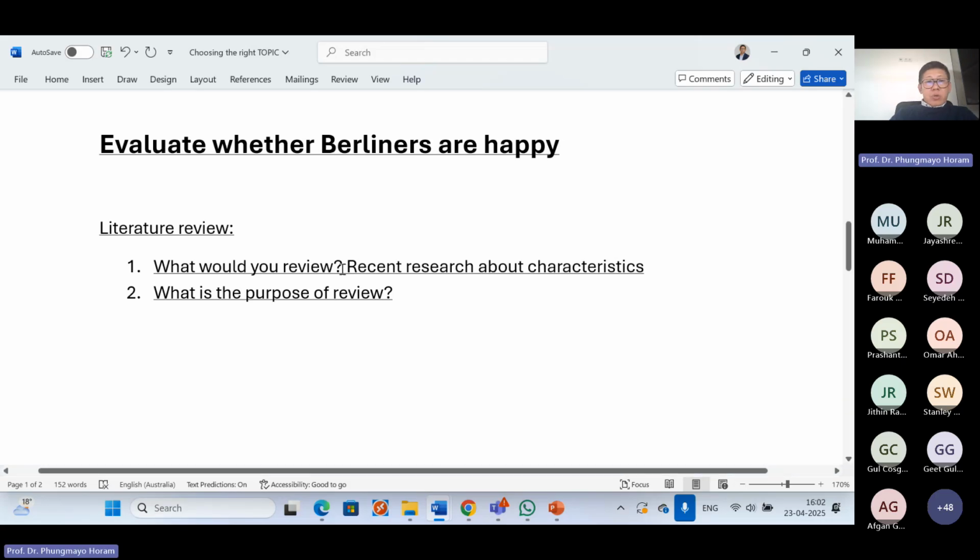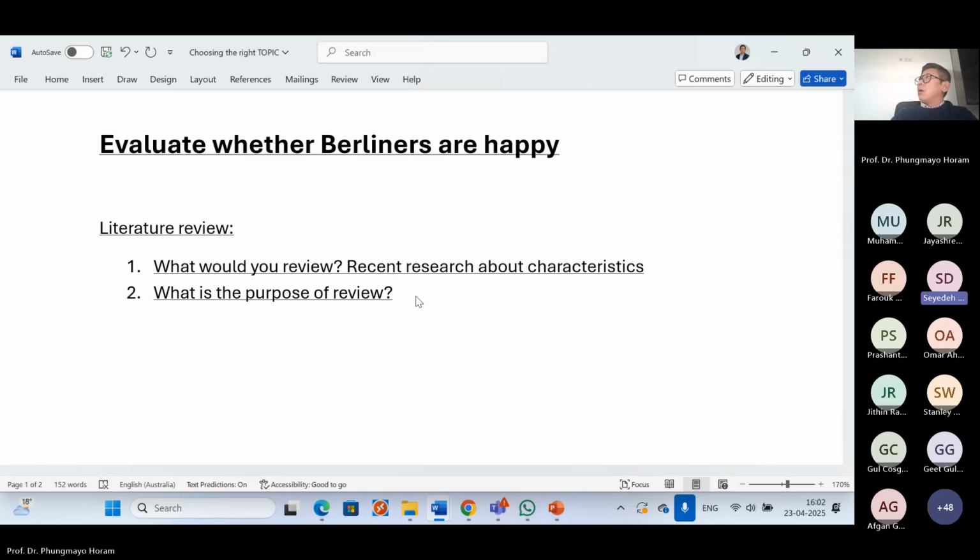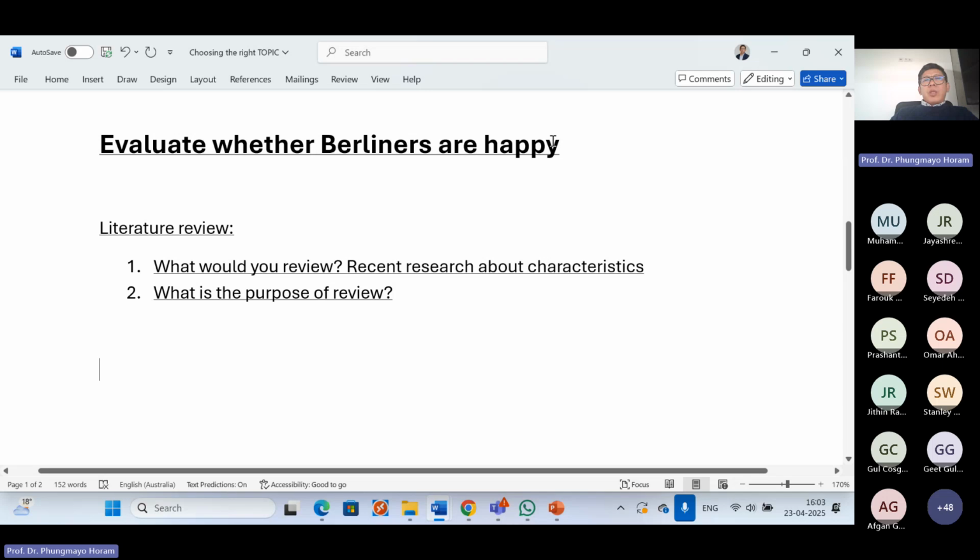All right. So what would you review, and what is the purpose of the review? To give a good definition of the title. Each element of the title should be defined by research precisely and concisely to give us a good understanding of the title. Okay. All right.